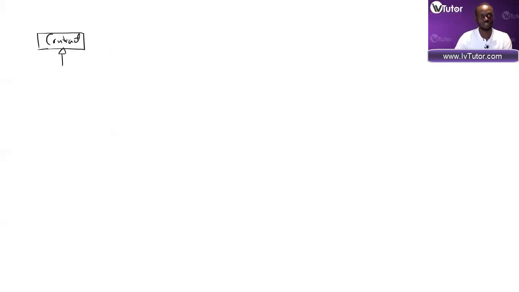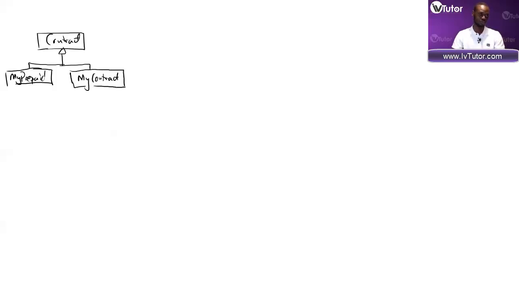So we've got my prepaid, which is sitting on this side, and we've got my contract. So the question says, don't worry about including anything else in your existing classes. We only care about your application of the factory method design pattern.